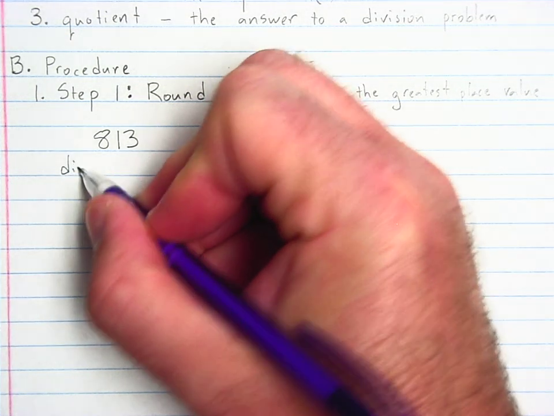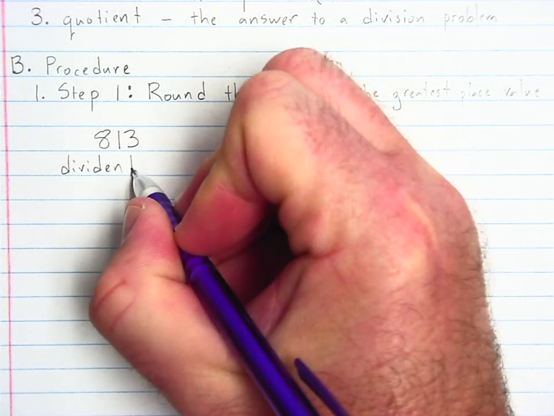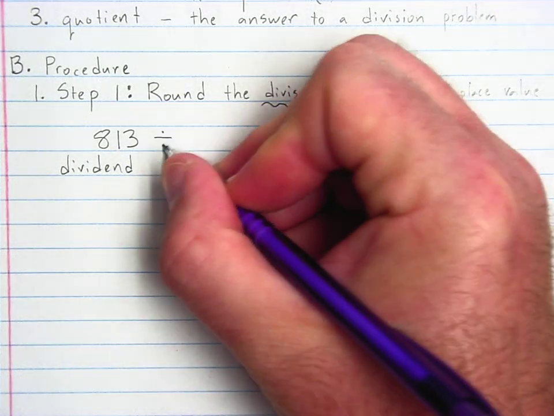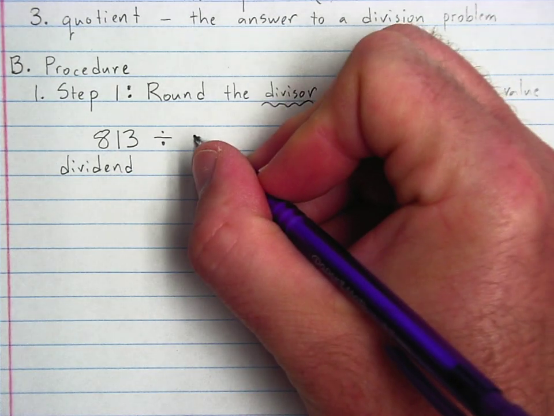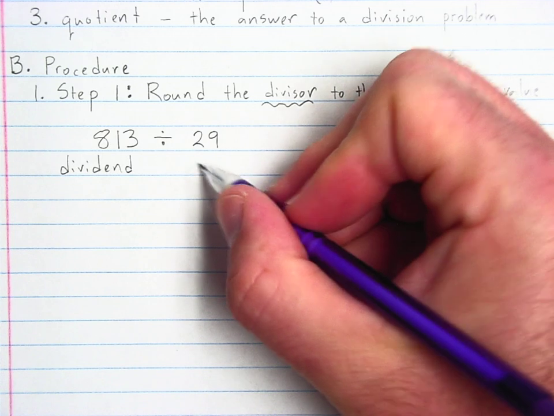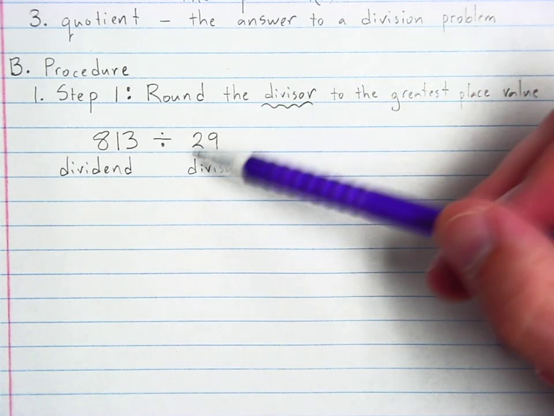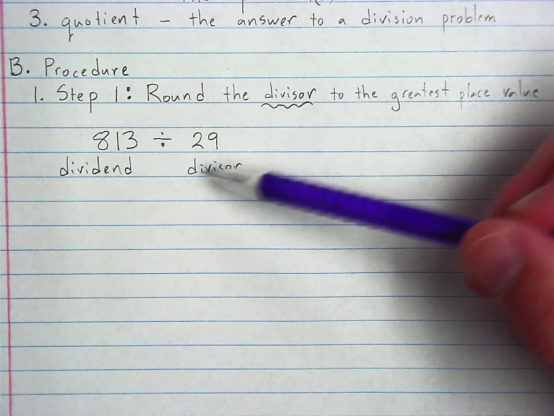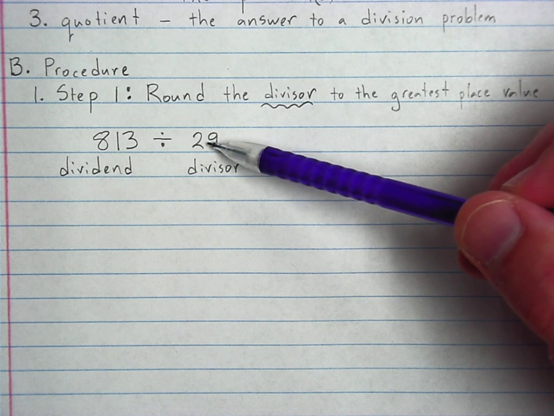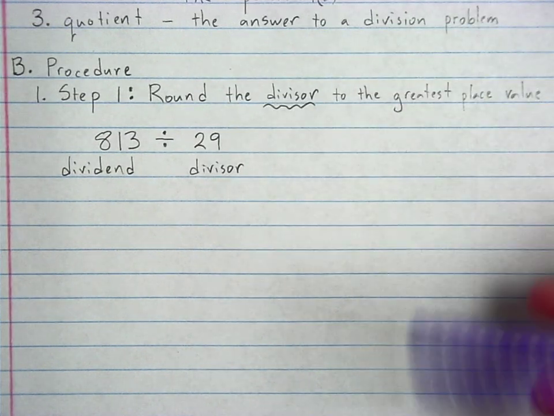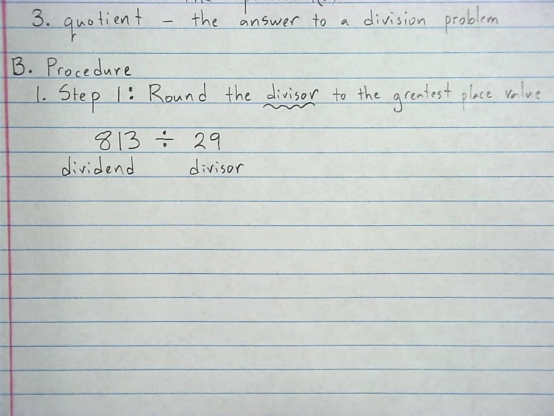This is what I am breaking up into pieces, so this is my dividend. I divide it by the divisor. I want to find out how many times the divisor will go into the dividend. How many groups can I make of 29? Or, looking at it a different way, maybe I'm making 29 groups.